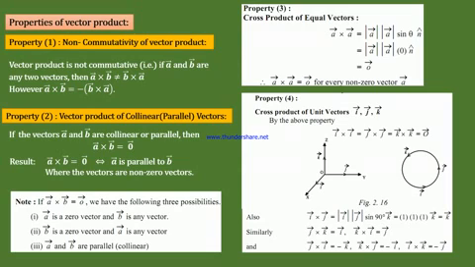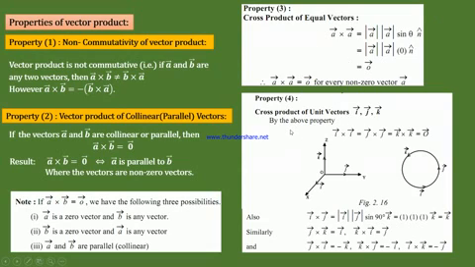A vector dot A vector gives A square, the modulus squared, whereas A vector cross A vector is 0. Again, for A vector cross A vector, the angle is 0, theta is equal to 0, so sin 0 is equal to 0. The entire value is 0. That's why A vector cross A vector is equal to 0.